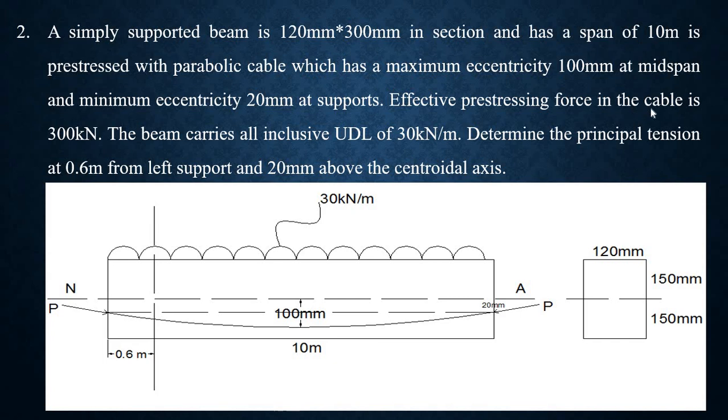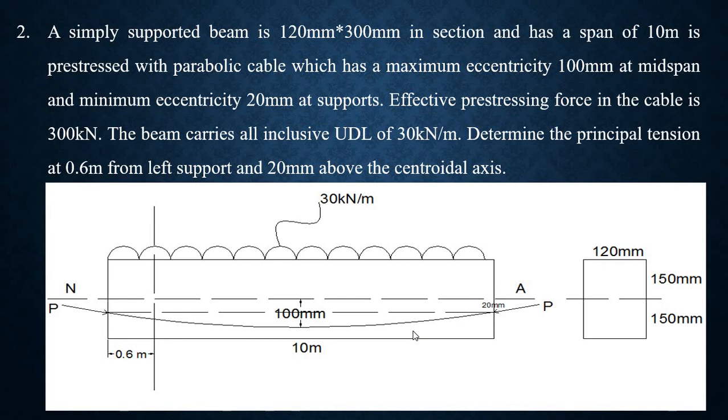Effective pre-stressing force in the cable is 300 kN. The beam carries all inclusive UDL of 30 kN per meter. Determine the principal tension at 0.6 meter from left support and 20 mm above the centroidal axis.